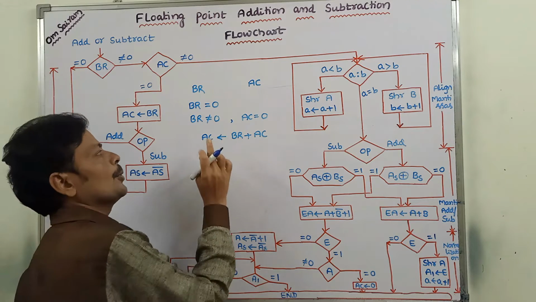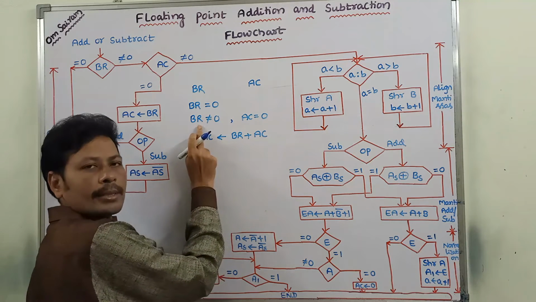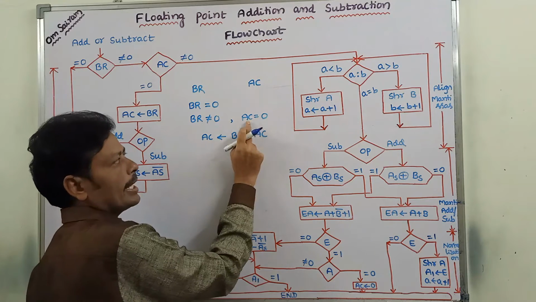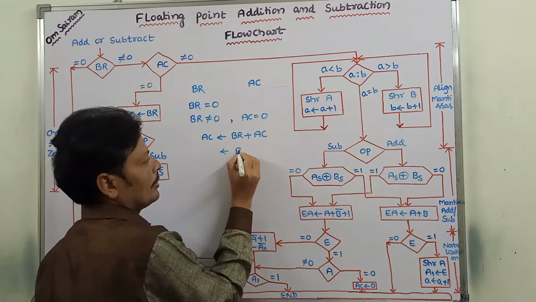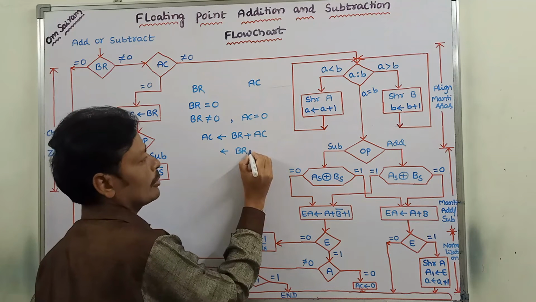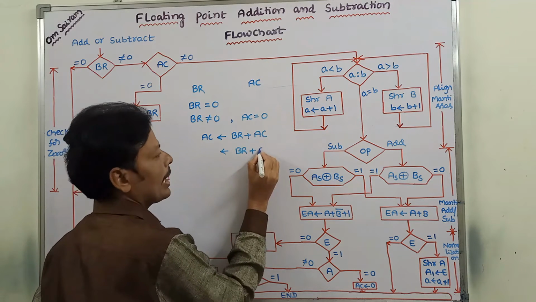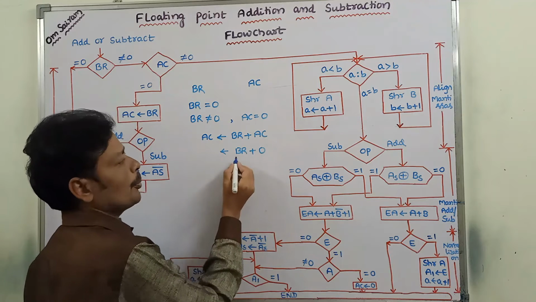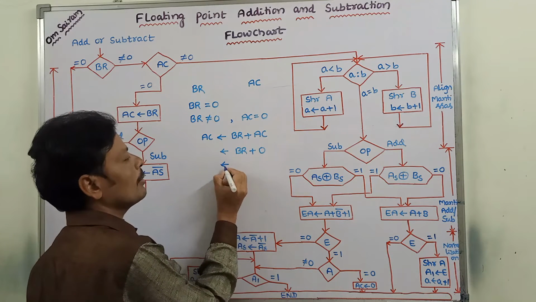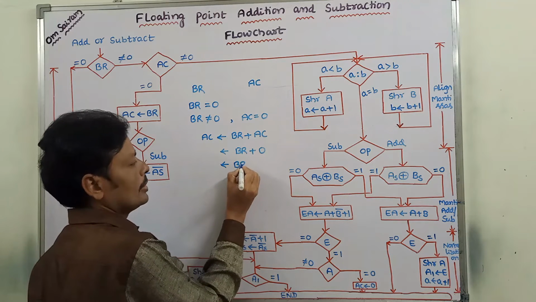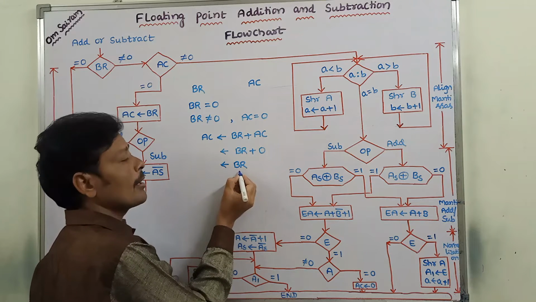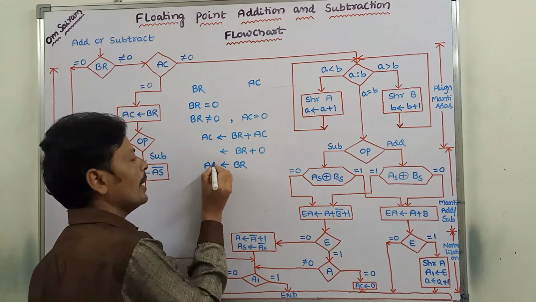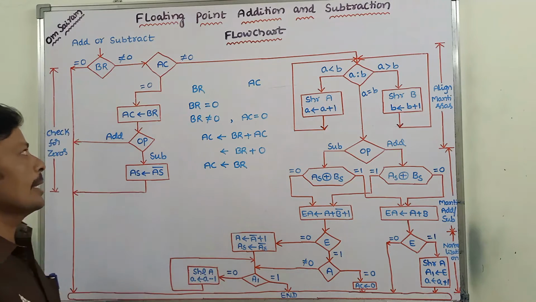Here BR value is not equal to 0 and AC value is 0. So BR plus 0 is nothing but BR. Whatever the content that is present in the BR register can be transferred to the AC register.